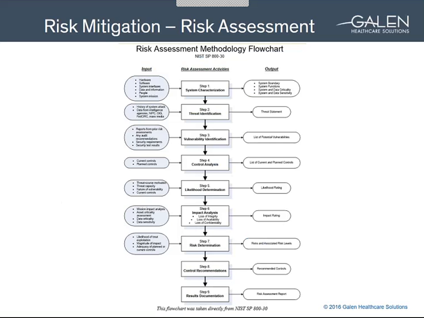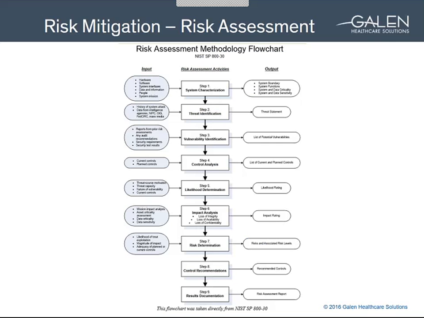I tried to read it. It's pretty brutal, but here's one of the diagrams from the documentation, and I think it's reasonably useful. It's a little small on the screen, so I apologize, but it allows you to get an idea of the different steps involved, the different inputs, and what should come out of the different steps in terms of assessing risk.